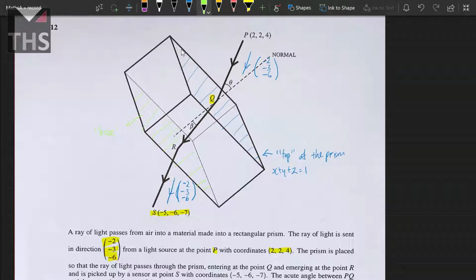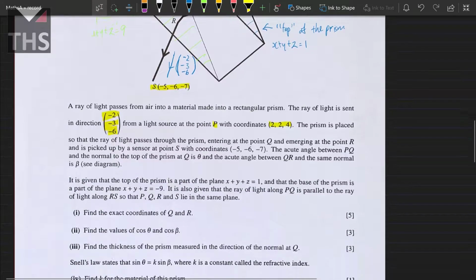So equation... I realize this luminous green might be a bit hard to read. So maybe next time I won't use this on a white background. So yes, okay, fine. So that's all the information that the question gave us, and we've already filled in the diagram and explained it. So now we need to move into the questions.